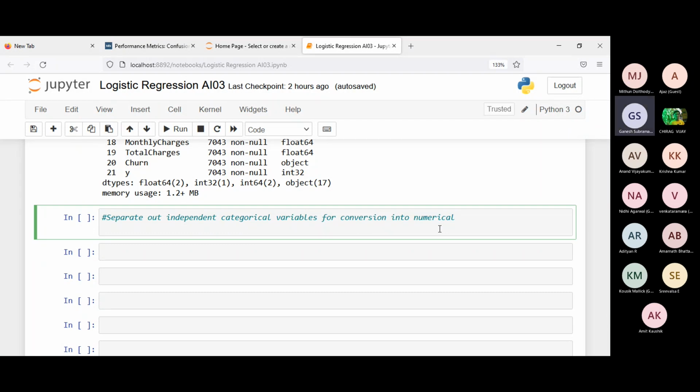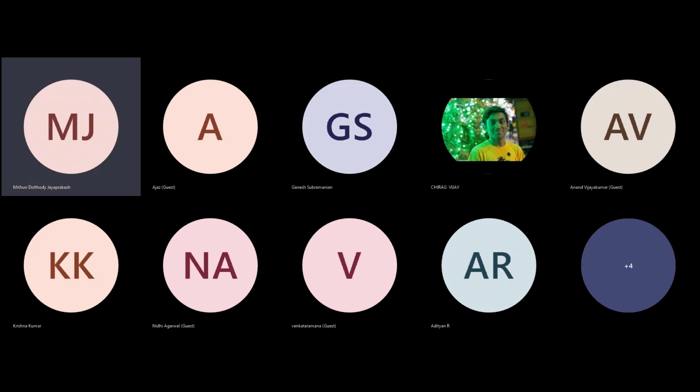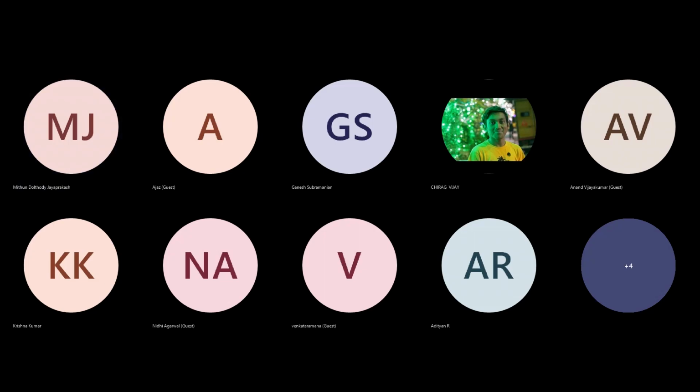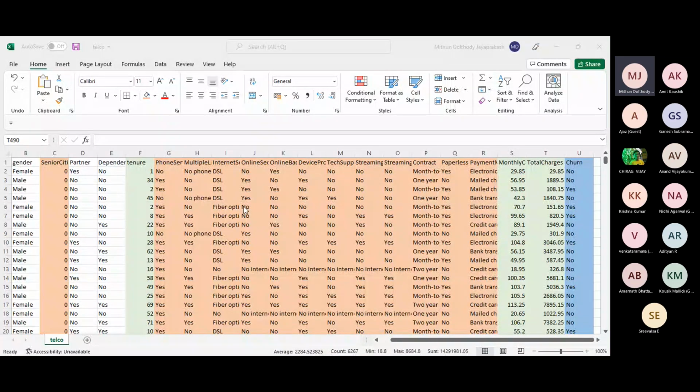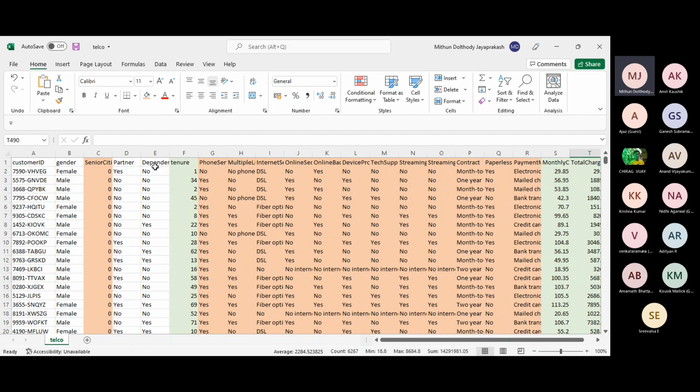If you can see here, all the variables which have not been colored are basically okay. When I say okay, they are more or less numerical. But the problem comes with all this.